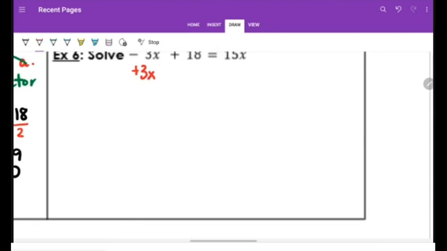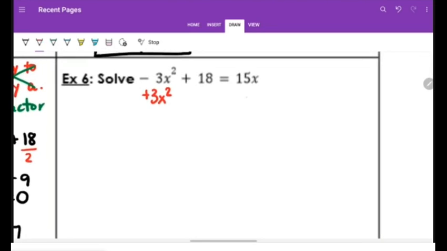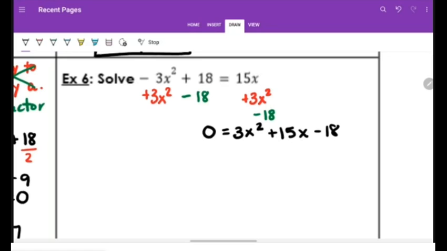Add 3x squared to both sides. Also, subtract 18 from both sides. When we rewrite this, the left side will now be 0, and the right side, let's write our terms in order. 3x squared plus 15x minus 18. Now we're ready to divide both sides.